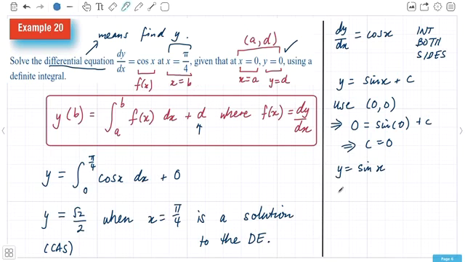Now we've been given the point x equals pi over 4. We get y equals sine of pi over 4, which equals root 2 over 2. And that's the same solution that you got here. So you can do these by hand as well, but this is a nice shortcut method of doing these questions, particularly, as we'll see soon, when you can't easily integrate the function in the differential equation.